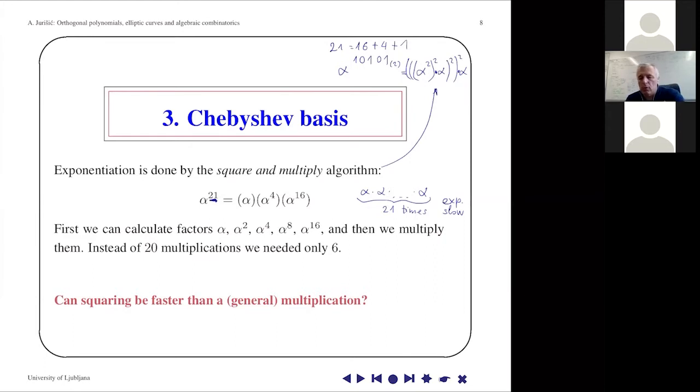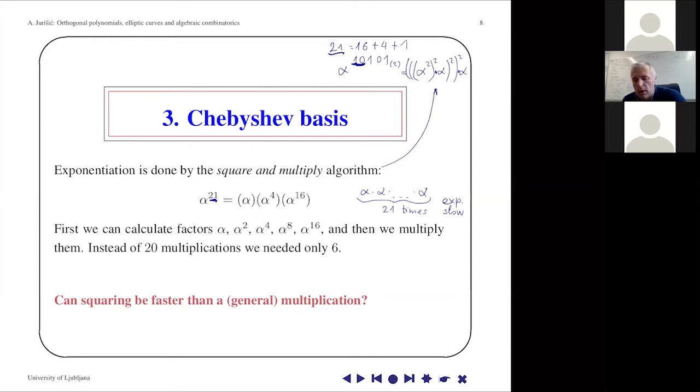So here I, for example, wrote 21 in the binary basis, 16 plus 4 plus 1, so this is 21. So there is no 8 and there is no 2, so this is 10101 in the binary basis. And I start with 1, so I take alpha, I go to the next level, 2 digits, I square.